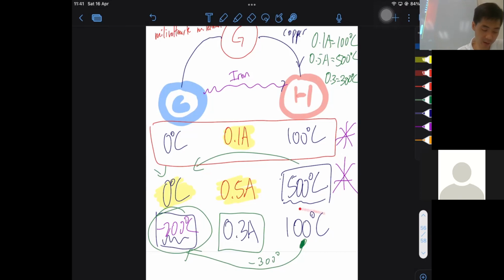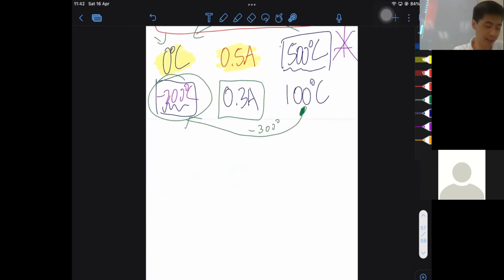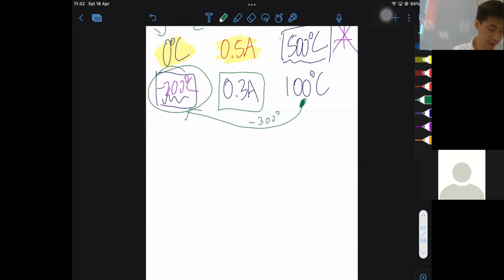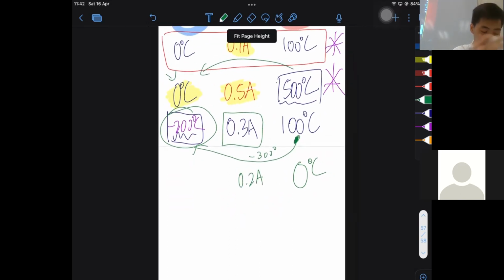The last part here. Okay, let me give you an easier one right now. Let's say the hot junction right now I might put at 0 degrees Celsius. Then right now, this ammeter reading gives me 0.2 amperes.